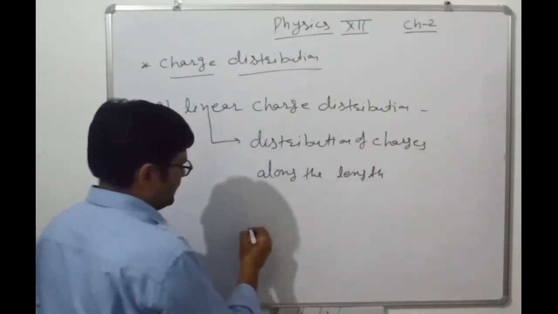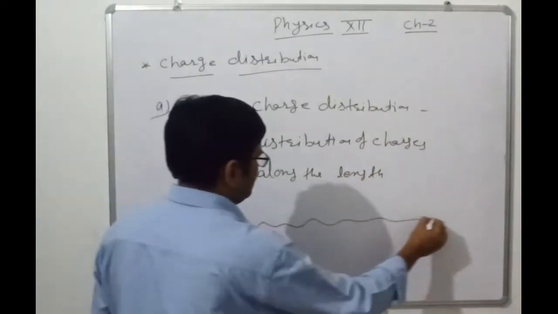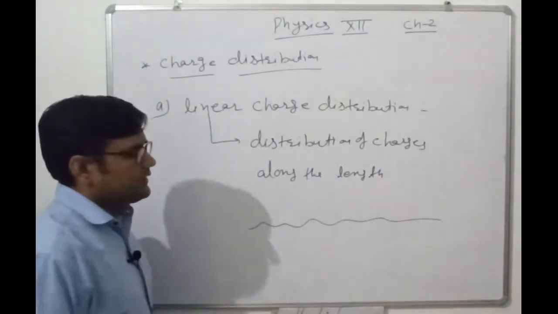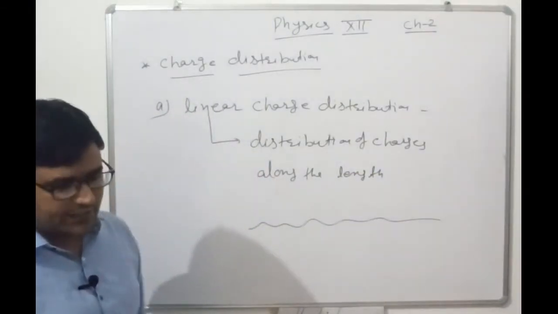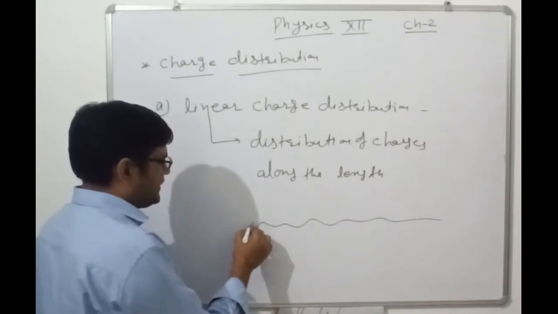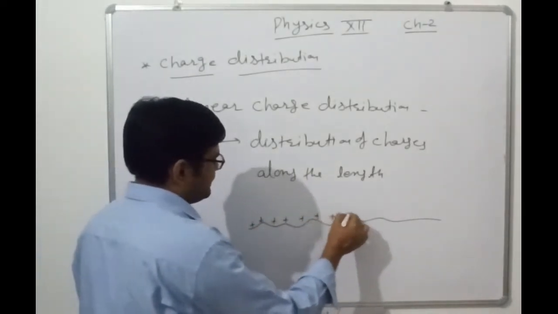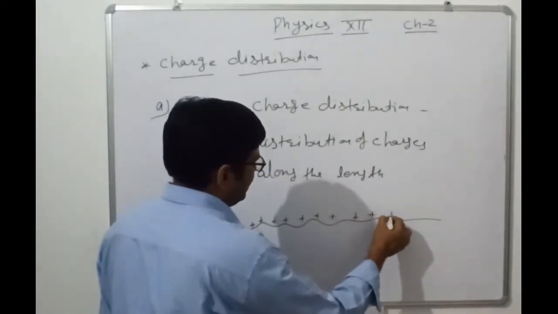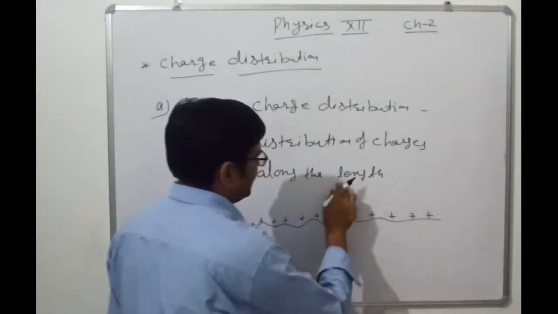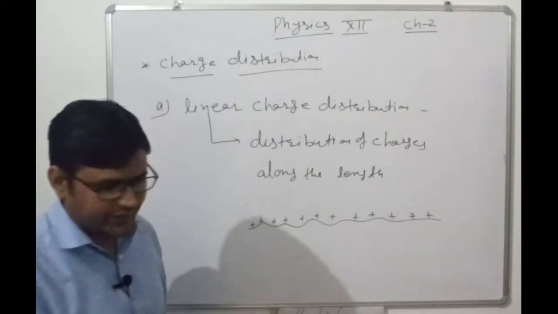For example, if you consider a wire of length L, then the charges are distributed like this. It is the pattern of the linear charge distribution. Here all the charges are distributed along the length of that particular wire.